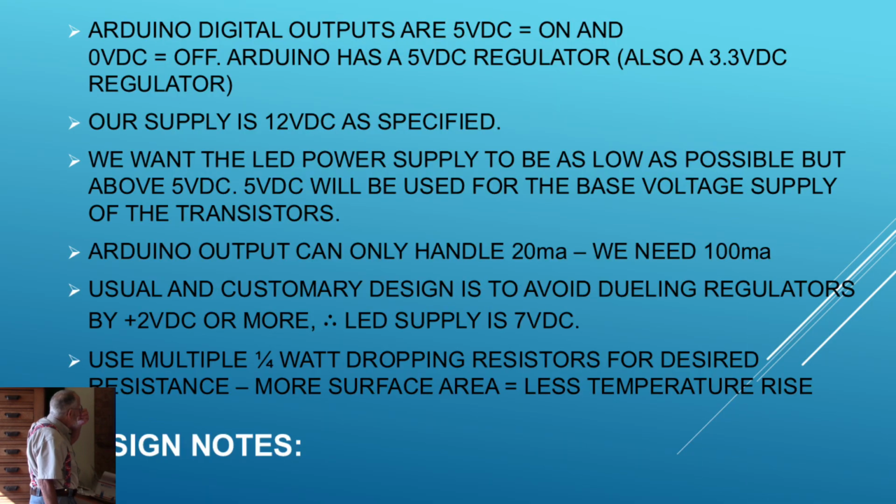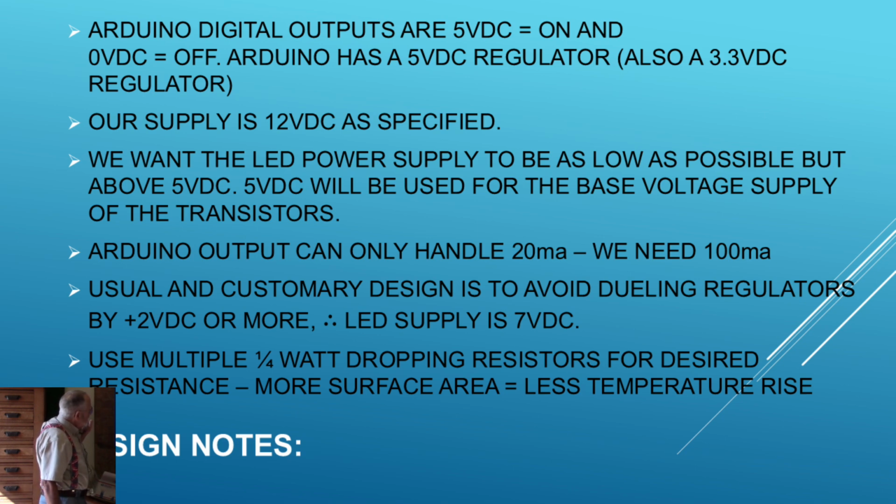All right. Arduino outputs are 5 volts on and 0 volts off. That's your standard output. The Arduino has an internal 5 volt regulator. It also has a 3.3 volt regulator on the inside of it. Our supply is 12 volts.